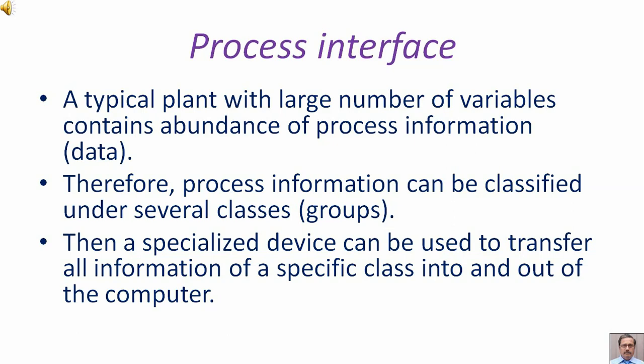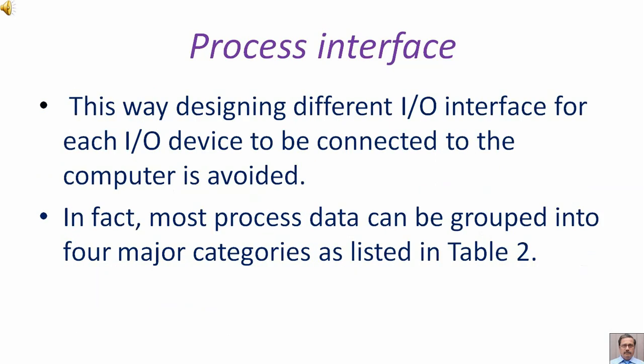Then a specialized device can be used to transfer all information of a specific class into and out of the computer. This way, designing a different input-output interface for each input-output device to be connected to the computer is avoided.